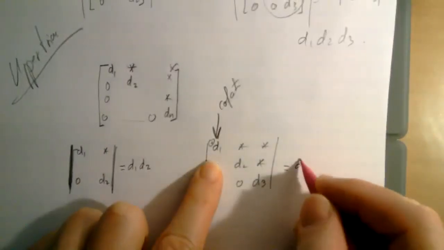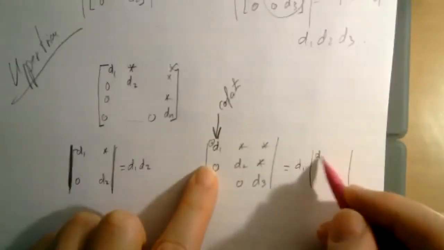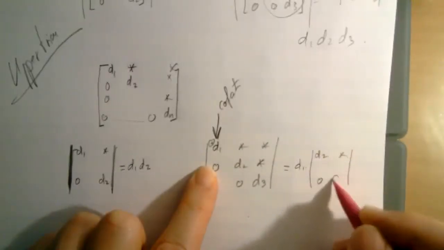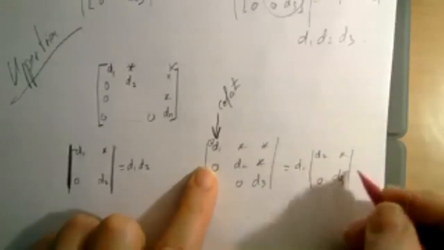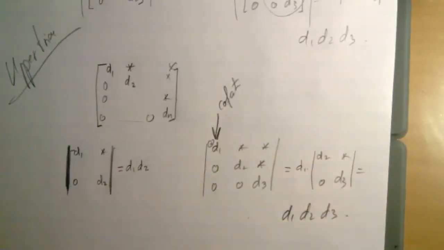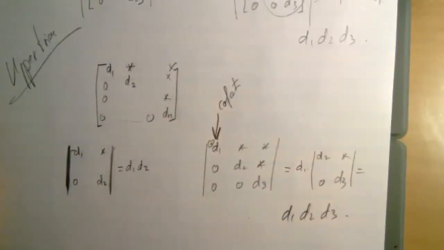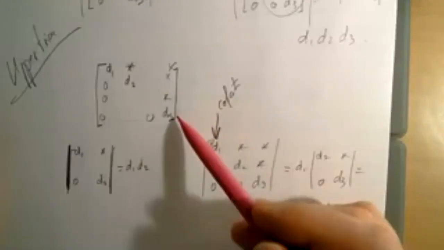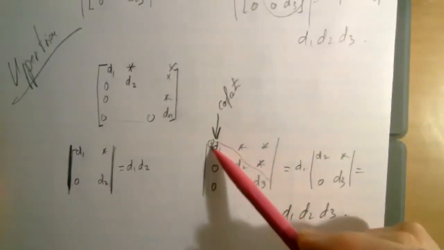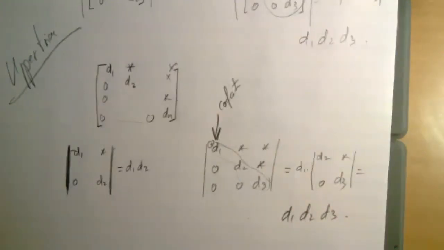Cofactor along the first column gives me D1 times D2, 0, star, D3. We get D1, D2, and D3, which is interesting. Regardless of what stuff I have here, it did not affect the value of the determinant. The determinant remains the product along the diagonal, even though I can have any kind of numbers up here.